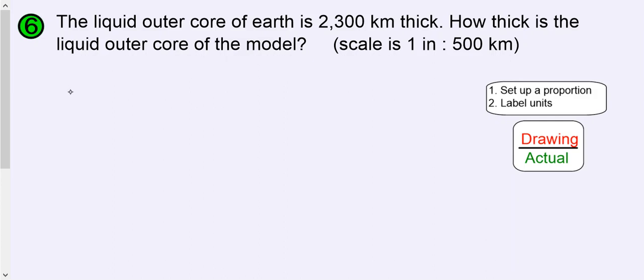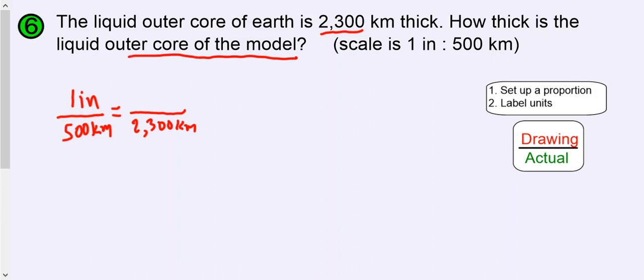So we're going to have 1 inch over 500 kilometers, and we're going to set that equal to, we know that the outer core is 2,300 kilometers thick, so that's going to be on the bottom, 2,300 km. And we want to know how thick the outer core is on the model, so that's going to be our x. So x is going to go here, and then now we can cross multiply.